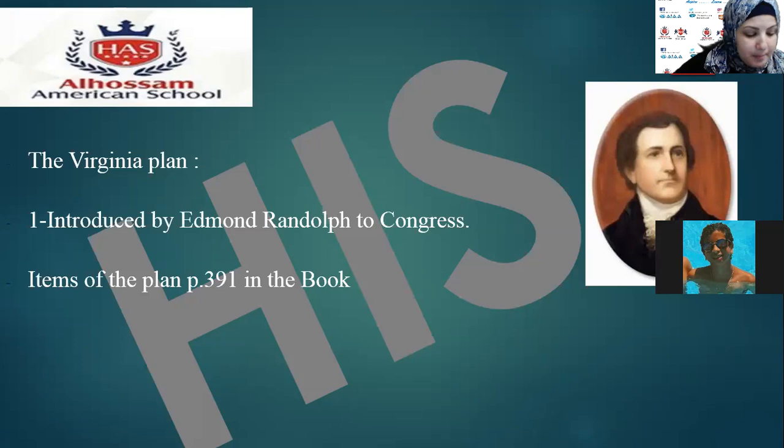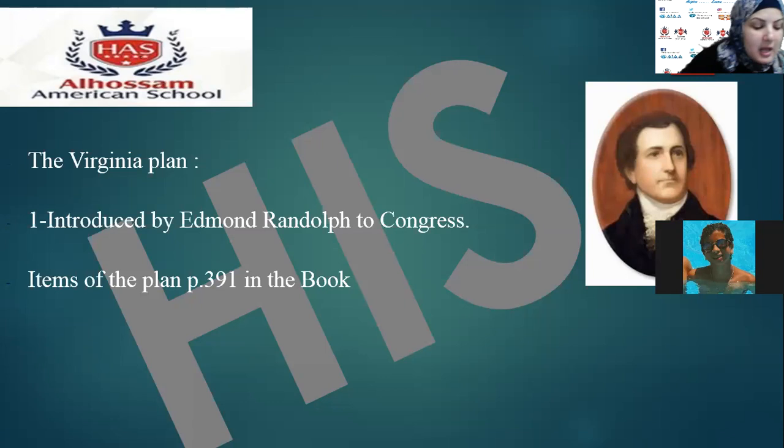This plan was introduced by, as I told you, Edmund Randolph to the Congress. What are the items of this plan? What is inside this plan? You will see that the Congress would have 2 parts or houses. Also, the number of representatives that a state would have in both houses. States with more people can have more representatives, according to the population.